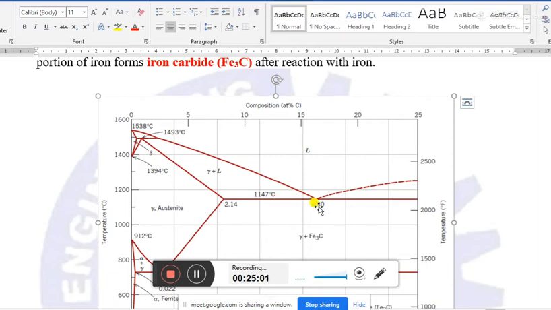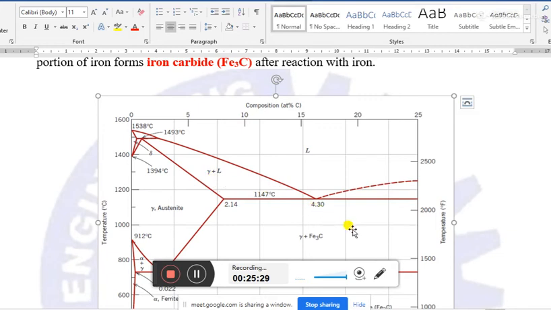After that the temperature will increase slightly. That is not very important, but this portion is important, as there is a mixture of gamma iron, liquid iron and carbon.